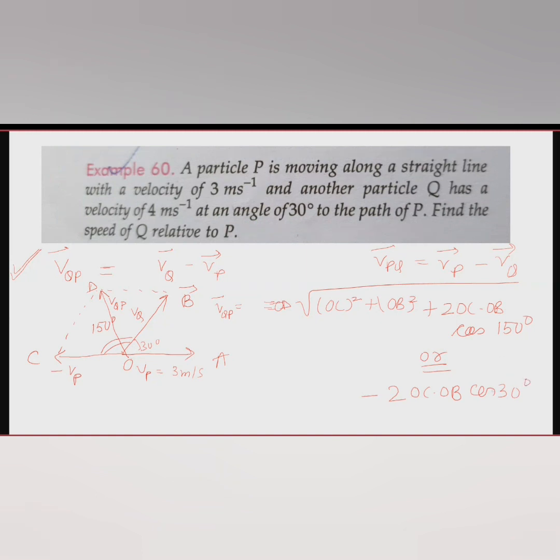Both will give you the same result because we know that cos 150 degrees is minus cos 30 degrees. Got it? Yes, ma'am. Okay. So that would give me the speed of Q relative to P.